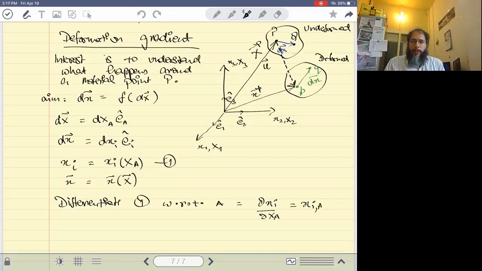What we do is differentiate the spatial coordinates with respect to the material coordinates. That's del small x_i by del capital X_A. That gives us the second order tensor x_i comma A, where i and A both go from 1 to 3 independently. And we'll call this the tensor F.